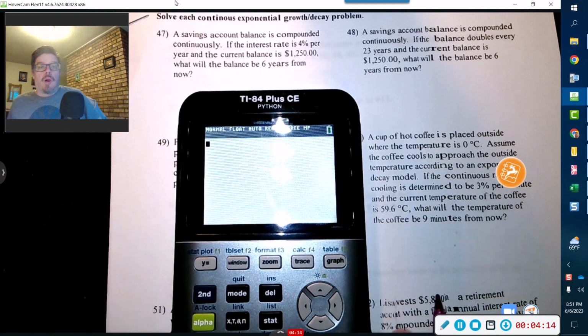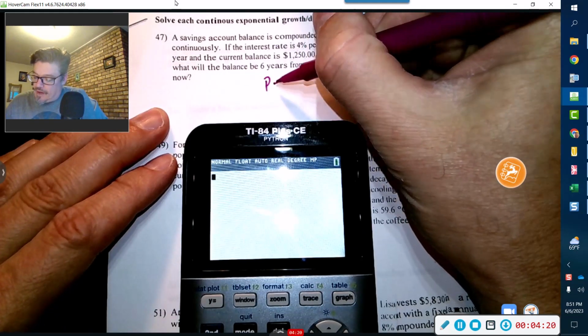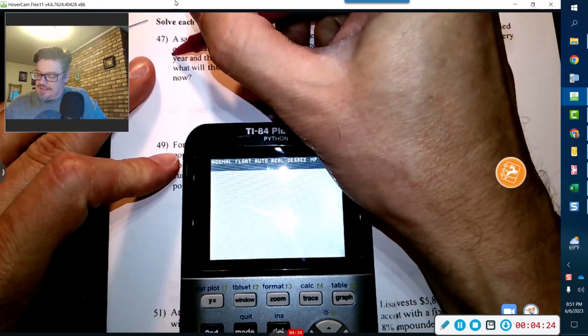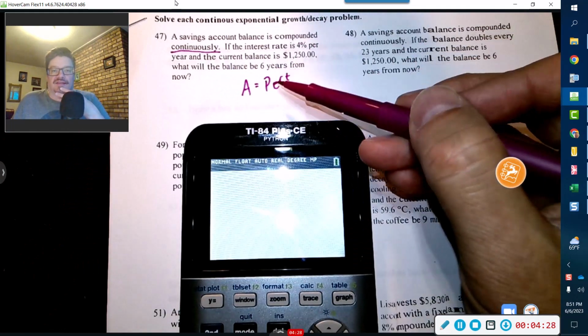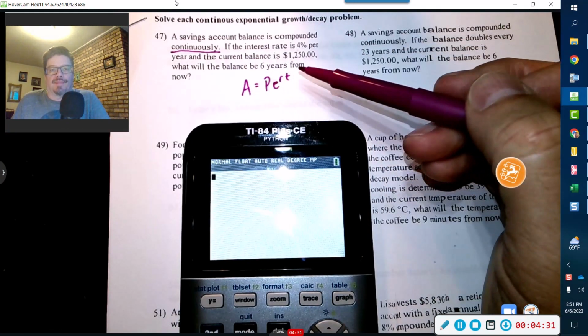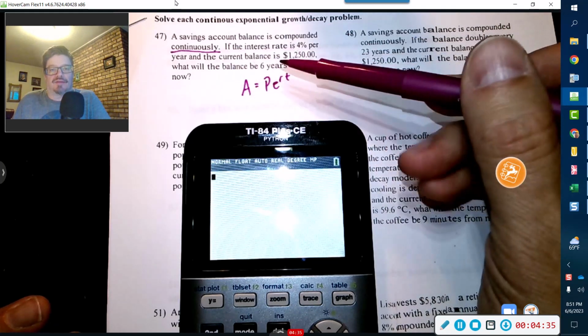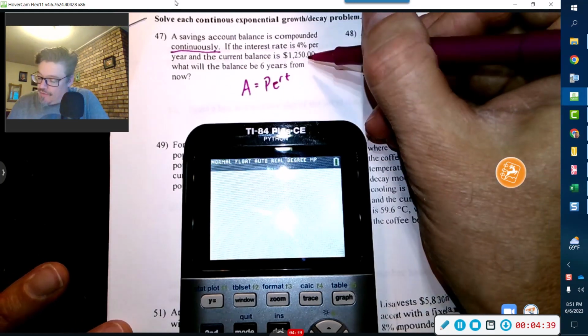We've got a savings account that is compounded continuously. So that's the PERT formula, because it says continuously. If the interest rate is 4%, that's the R, and the current balance is $1,250, what will the balance be in 6 years? So we've got all the required pieces of information.